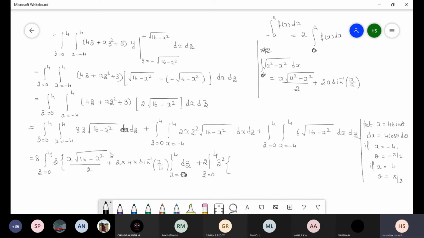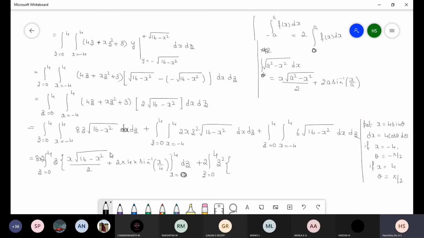Here we have to change the integral like this. Write this formula also. Integral limit minus a to a, here we are having minus 4 to 4, root of 16 minus x square into dx is equal to 2 times the integral with limit x is equal to 0 to 4, then the formula of this term.